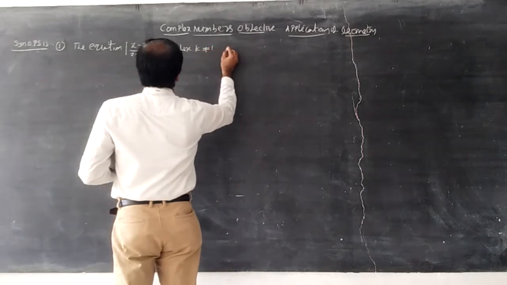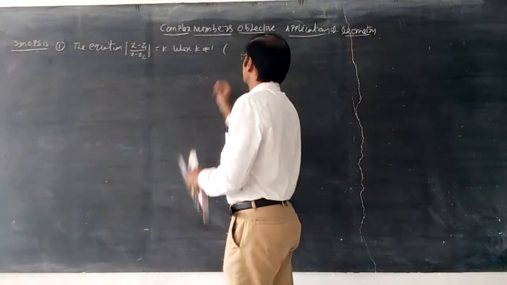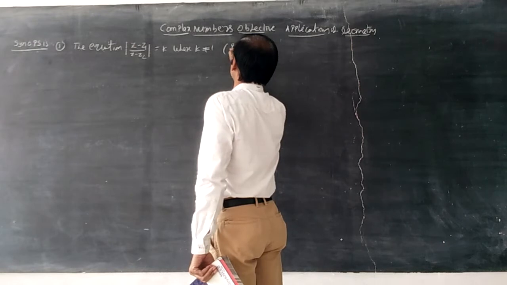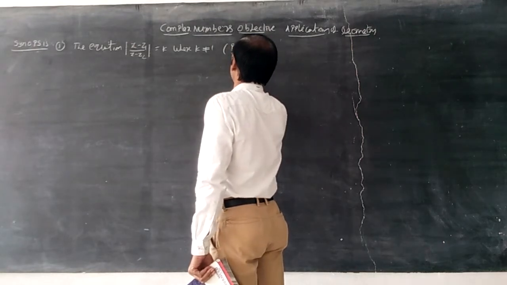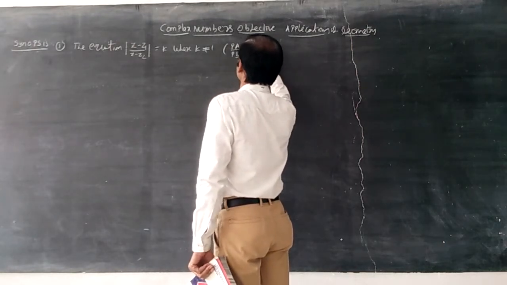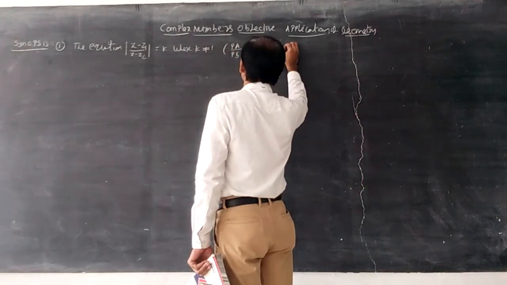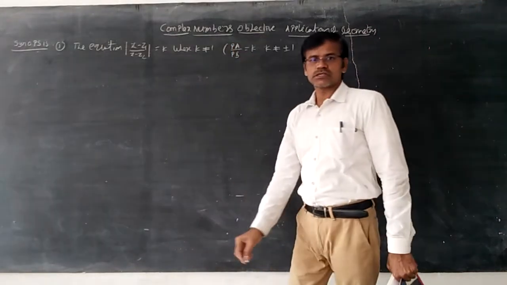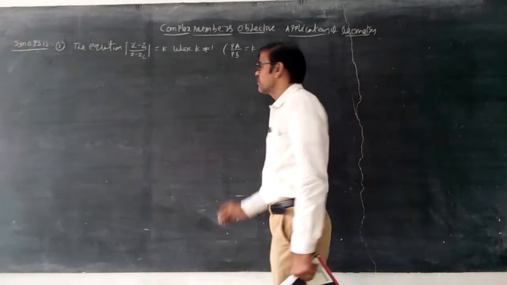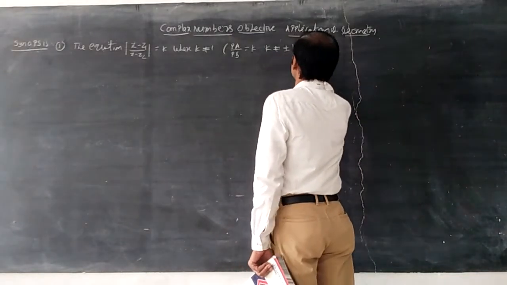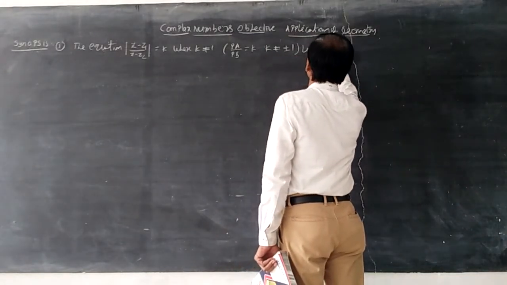In general coordinate geometry, the concept is PA by PB is equal to k, where k not equal to plus or minus 1. The locus is called the Apollonius circle.